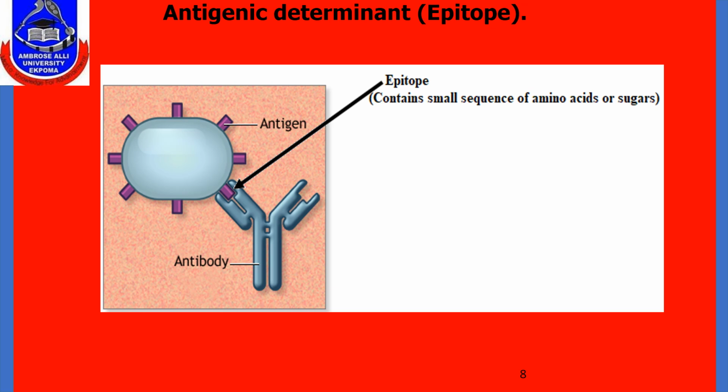So that binding surface or the amino acid sequence that determines the type of antibody that will bind to the antigen on the surface of the antigen is known as epitope, and that is the antigenic determinant. So antigenic determinants are amino acid sequences or sugars present on the antigen in question.